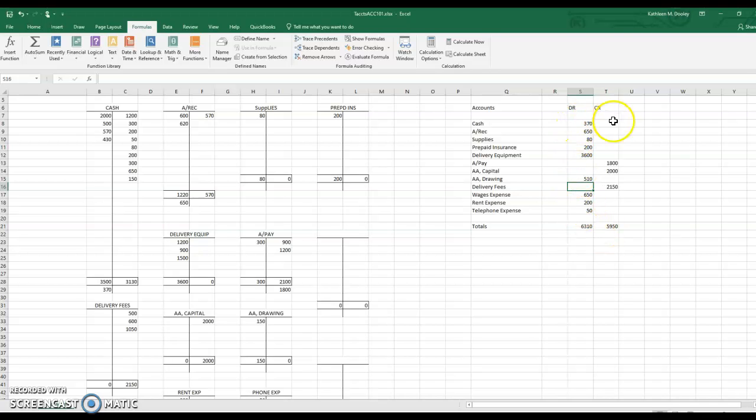And I look all in here, is there anything that's a 180? No, there's not. So my other thing that I could do is take this difference, the 6310 minus the 5950, which is 360, and divide it by 9 instead of 2. As long as your answer is a whole number, it doesn't matter what it is, then you have a transposition somewhere in there.